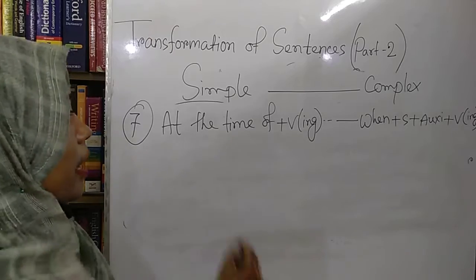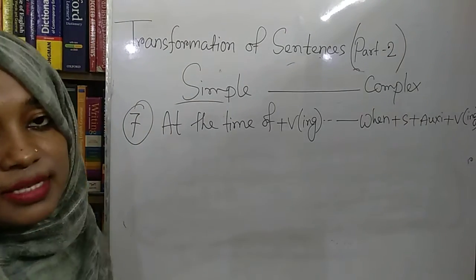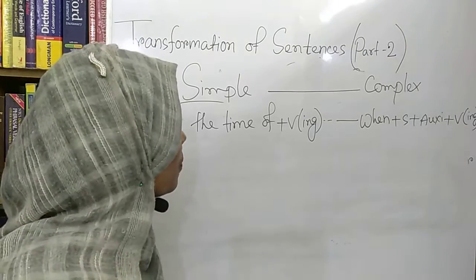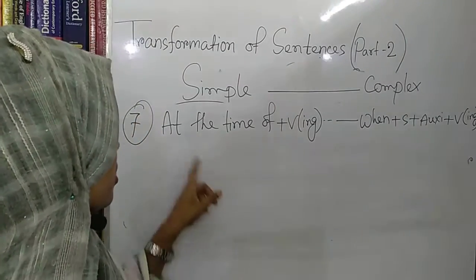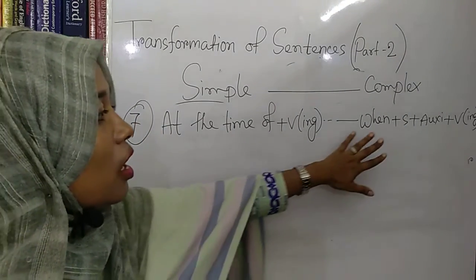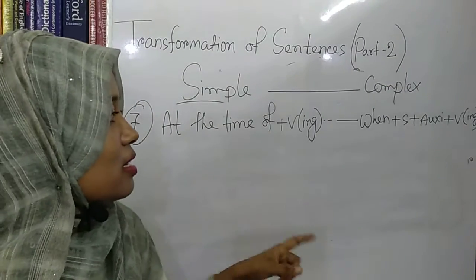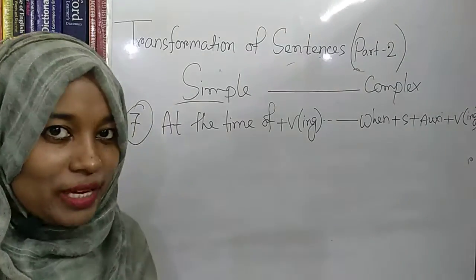If there is at the time of plus gerund in a simple sentence, if we want to make it complex, we have to expand these phrases into a subordinate clause, and then a simple sentence will become complex.